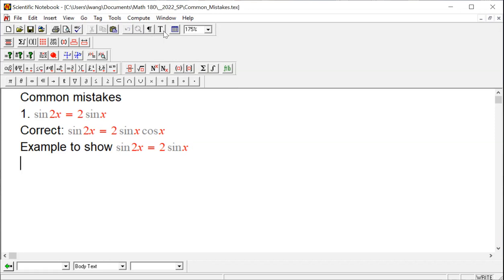For example, if I assume x equals, say, pi over 4.